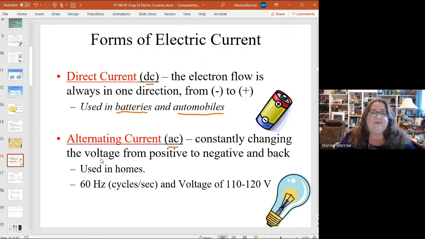And this is what we usually use in homes. The electricity is going back and forth and back and forth. Now, this may sound like it's not getting anywhere, but it works perfectly well. Because one of the main things that the electricity does, in an incandescent light bulb anyway, is create friction to create heat.